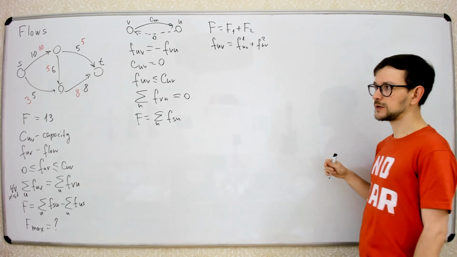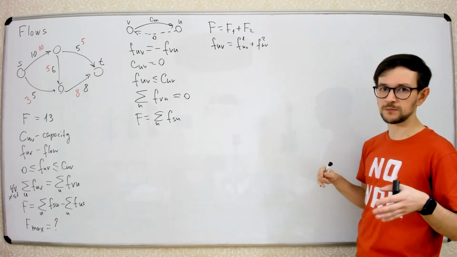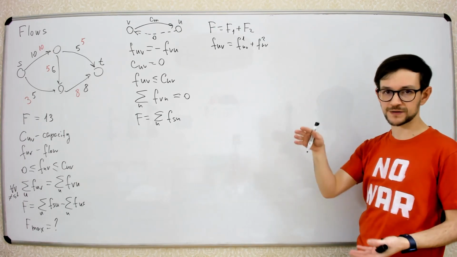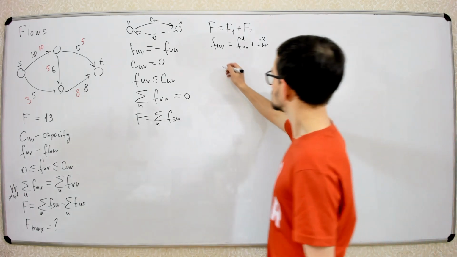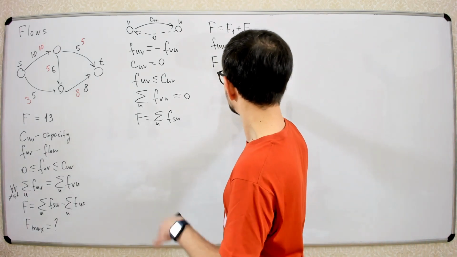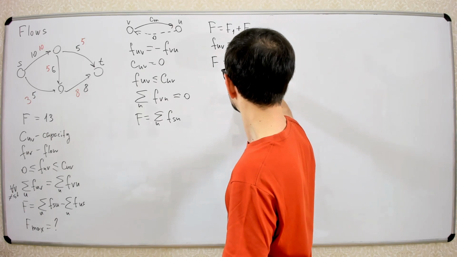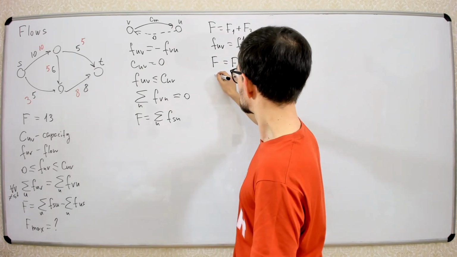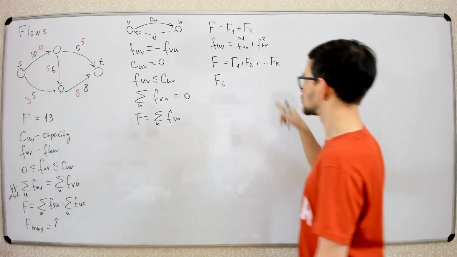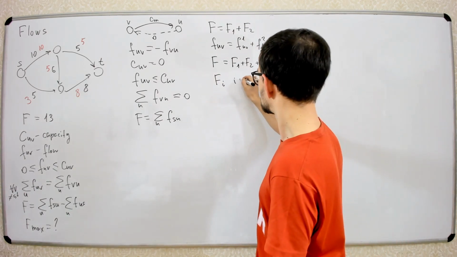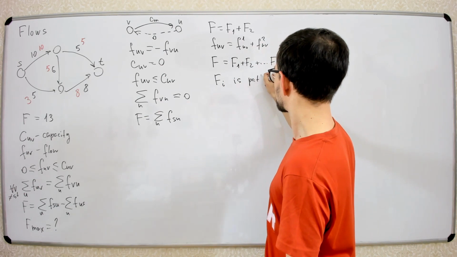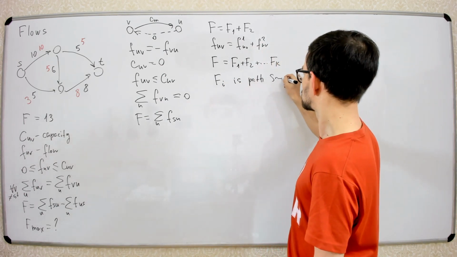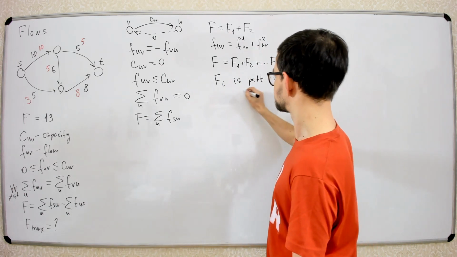And the important theorem is that every flow can be decomposed into a set of paths and cycles. Every flow may be decomposed as a sum f1 plus f2 and so on up to fk, such that each of them is a path from S to T or a cycle.